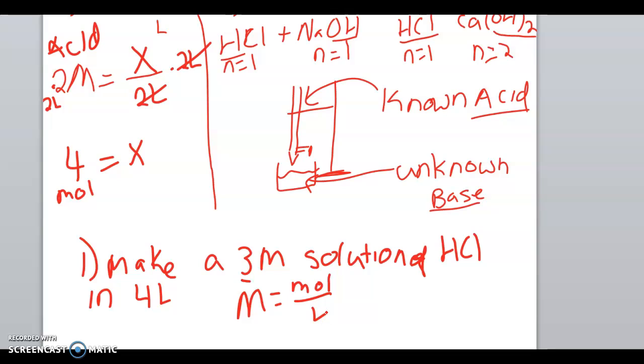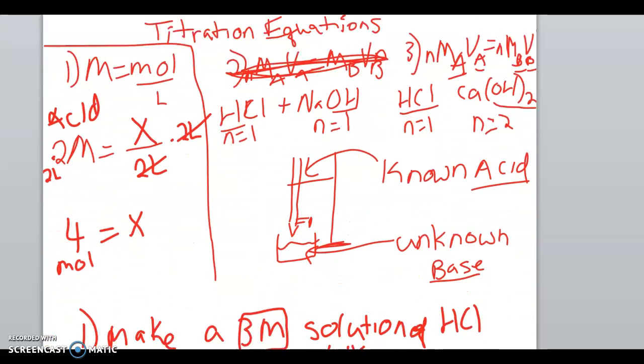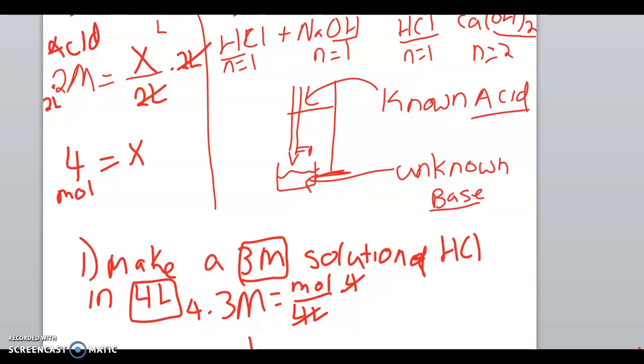The molarity is 3 molar, and the volume is 4 liters. To solve for moles, I multiply both sides by 4, so 4 times 3 is 12. I have 12 moles of acid.